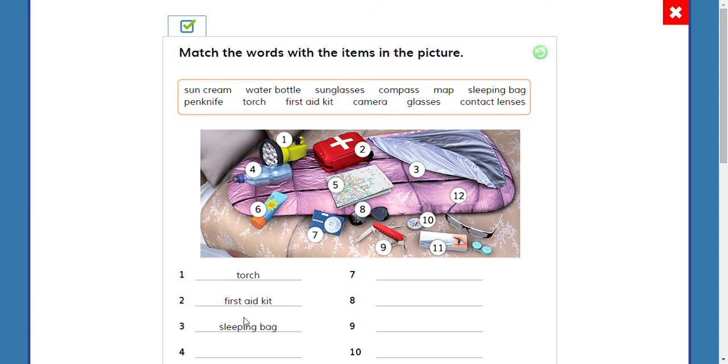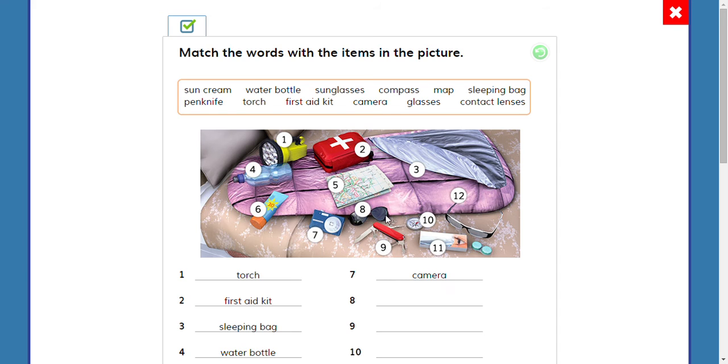That is very easy. When you are thirsty, it's a water. It's a water bottle. Number 7. Oh, that's a camera.